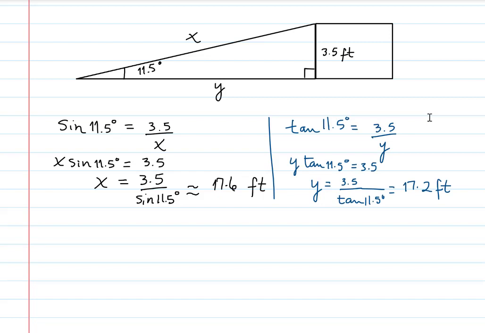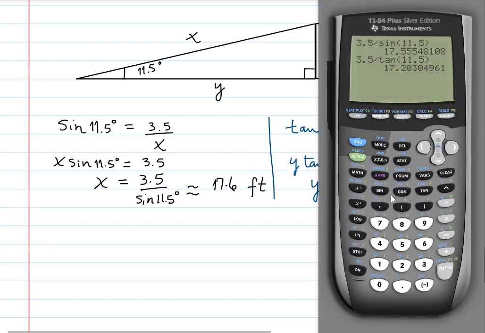Now maybe somebody's asking, well, why couldn't you use cosecant instead of sine, or cotangent instead of tangent? We could have used those, but the problem is, especially because you're going to have to use a calculator, the calculator has keys for sine, cosine, and tangent, not the other three.